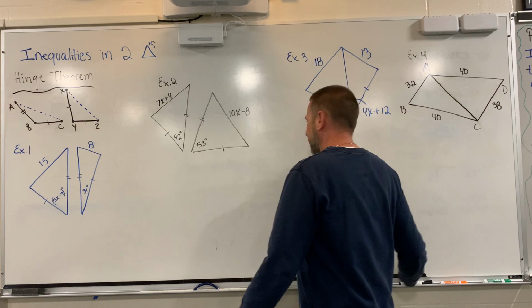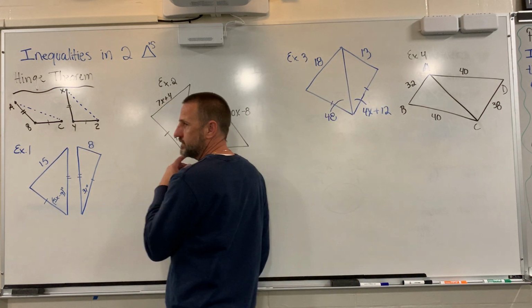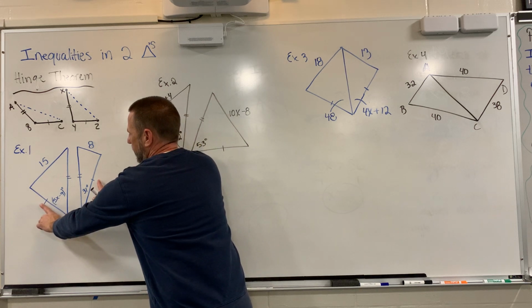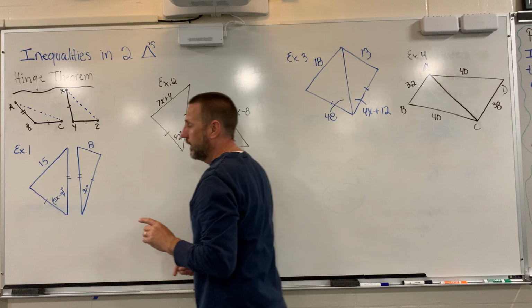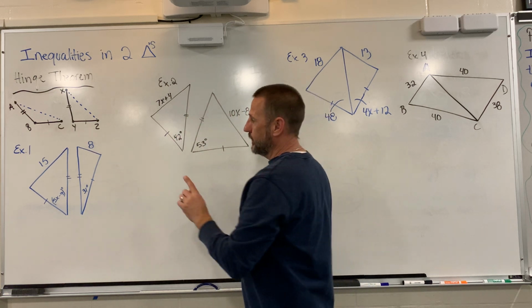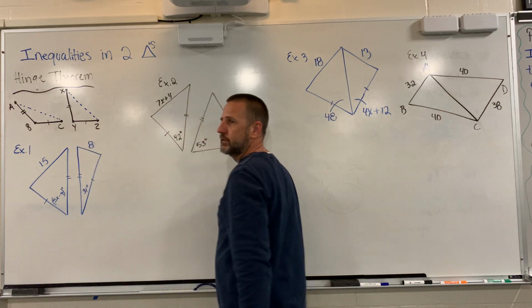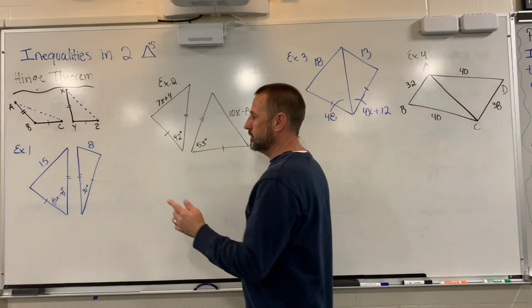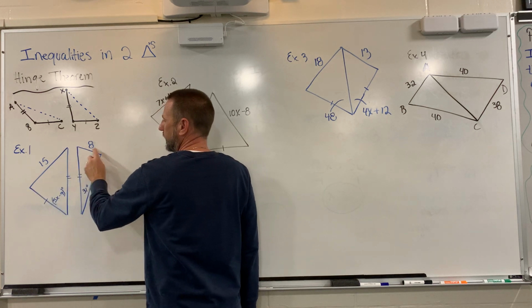So let's take a look at our first example. I look at these two triangles and I see that they each have a set of congruent sides here and a set of congruent sides here. What's different is the third side of this triangle is 15, whereas the third side of this one is 8. That tells me the distance from here to here is greater than from here to here.